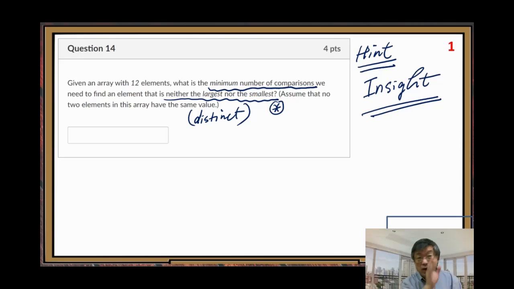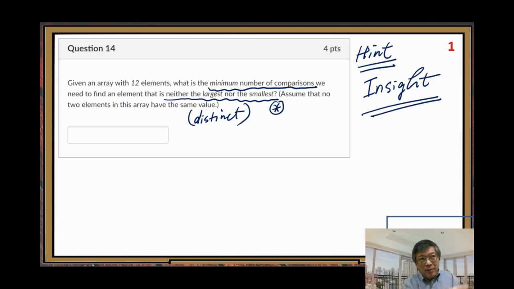Otherwise, if you cannot find this insight, you may end up with a very bad solution. Let me point out an obviously very bad solution.